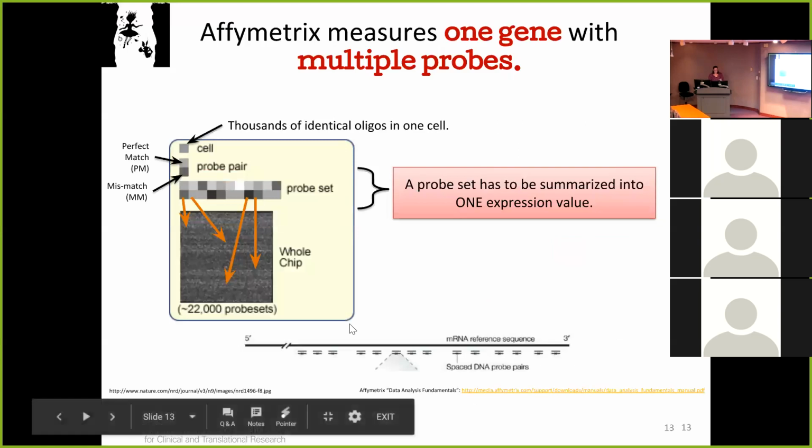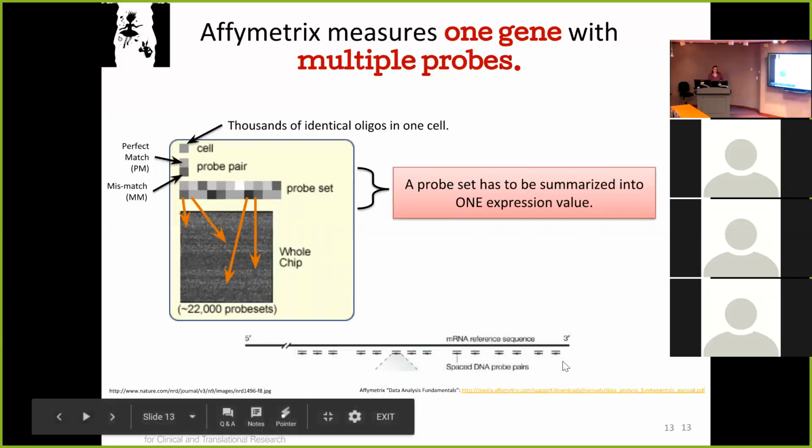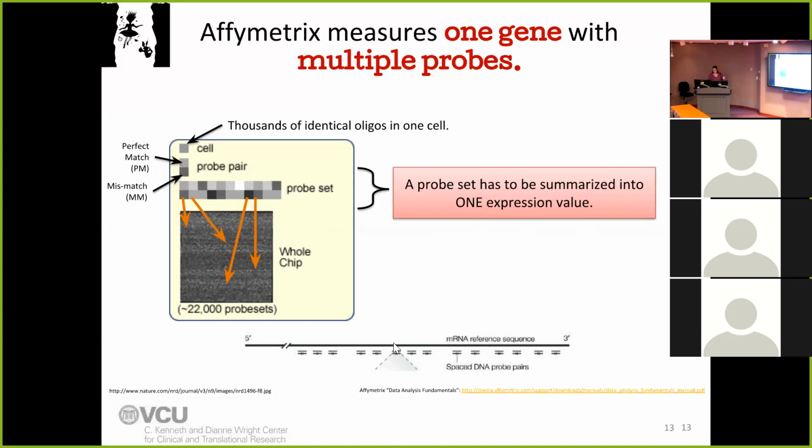On the previous slide, down here, all of these little sequences are the different probes that probe this one gene, and a lot of the Affymetrix arrays only probe the 3' end of the gene. So you're not even sampling the entire gene, only a small part of it. Some of these short sequences can be identical to other genes in the same family, so it's really hard to target some genes precisely.